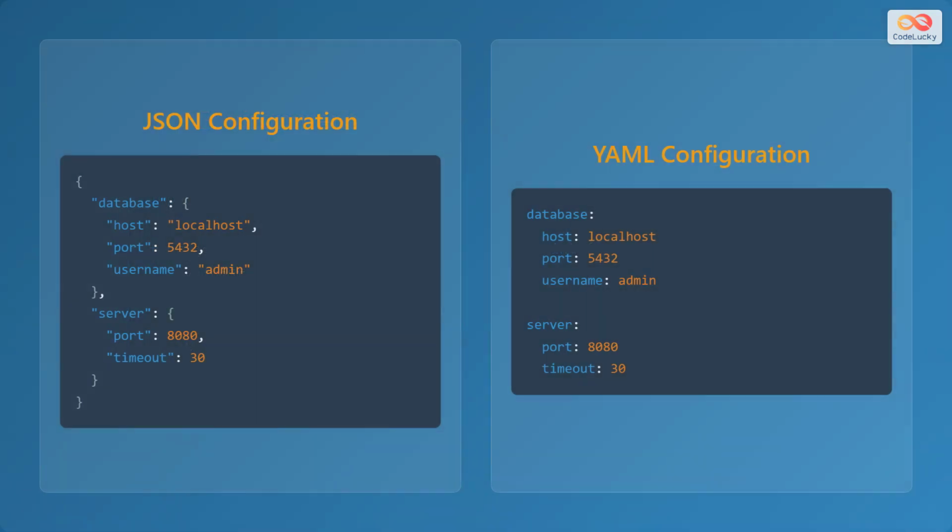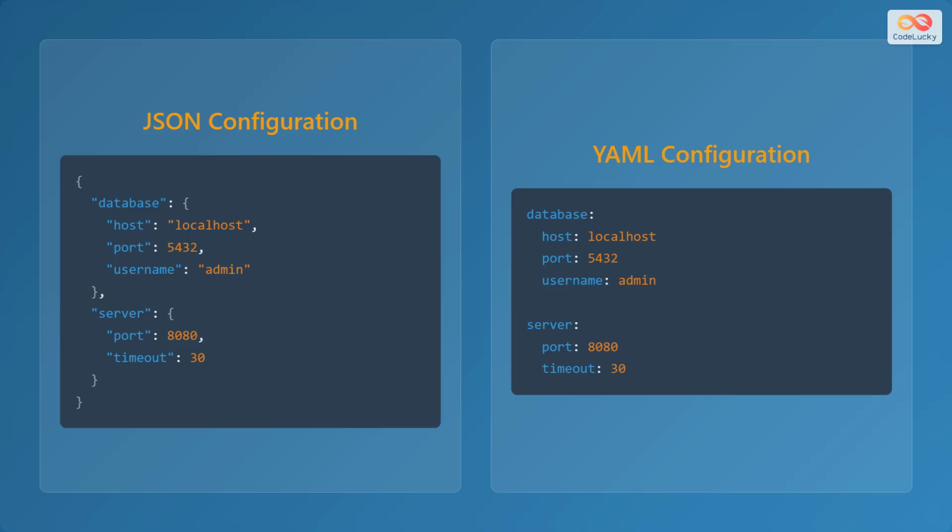While environment variables are great for simple configurations, complex applications often require structured configuration files. The two most popular formats are JSON and YAML. JSON configuration uses a hierarchical structure with curly braces and key-value pairs. In our example, we have a database section with host, port, and username fields, and a server section with port and timeout settings.